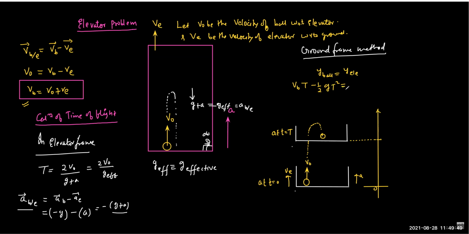Now the elevator is accelerating upward, so y of elevator is the initial velocity v_E t plus half a t squared, because it is accelerating upward only. But the ball is free falling, so it's retarding actually. So we have this expression. And what is v_B exactly? v_B itself is v_0 plus v_E.